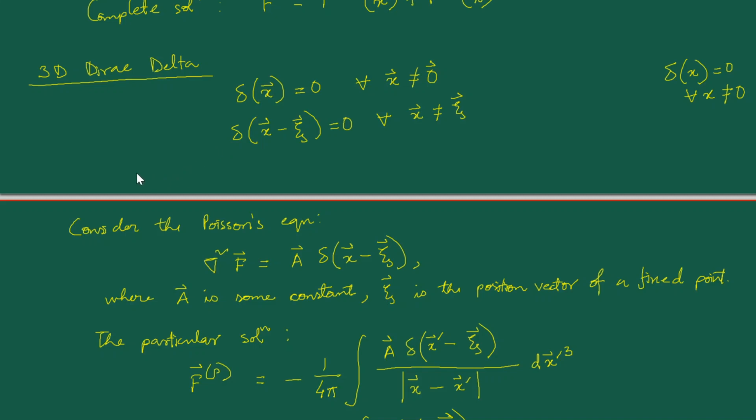So suppose you have a situation like this, that you have a vector t and we have an integration like this. So this is x dash, and we have the Dirac delta like this.